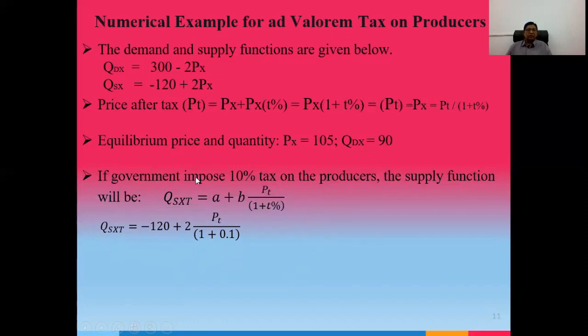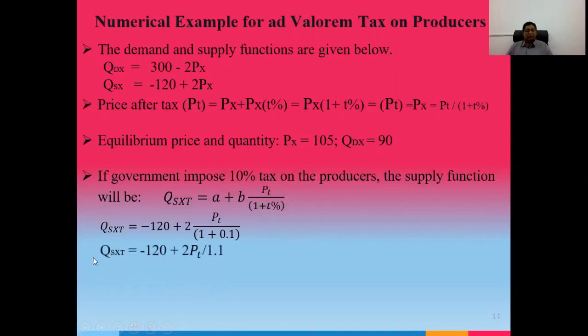After tax, we substitute PT over 1 plus 0.1 for Px. What is PT? Price after tax, divided by 1 plus the percentage tax. 10% means 0.1.